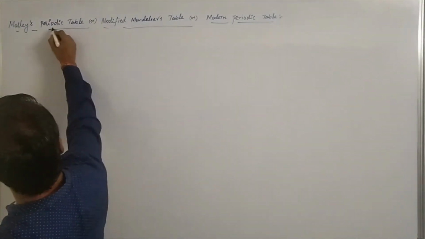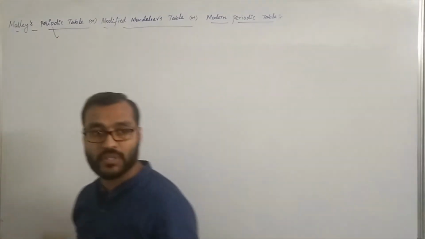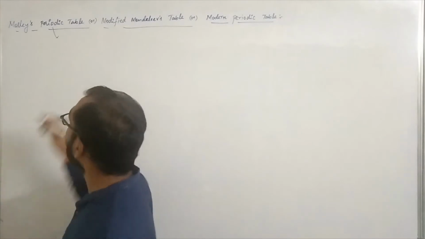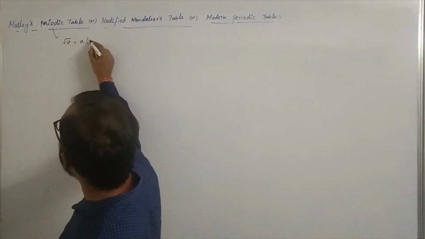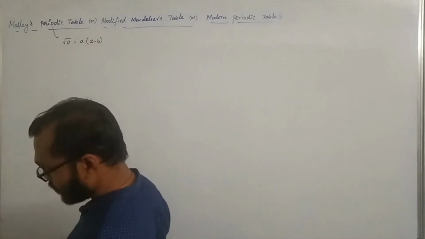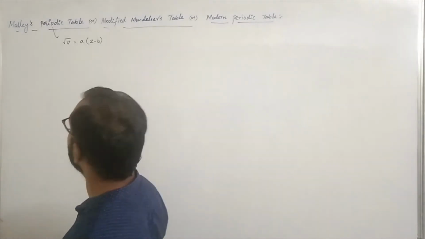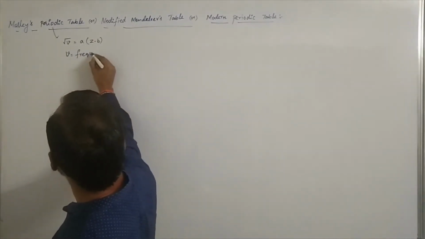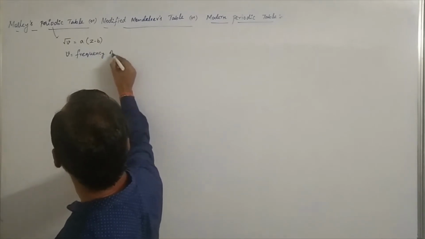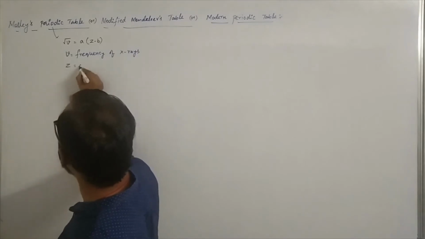Based upon Moseley's X-ray experiment, which we have already seen in the atomic structure chapter, we know that root nu is equal to a into Z minus b, where nu is the frequency of X-rays, Z is the atomic number, and a and b are constants.